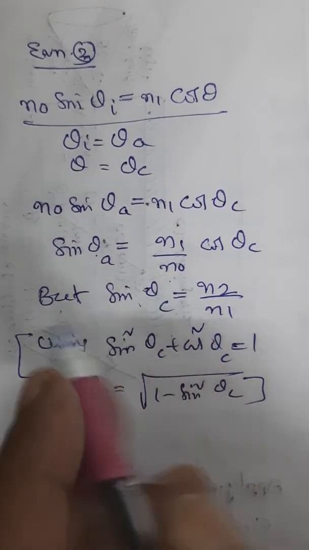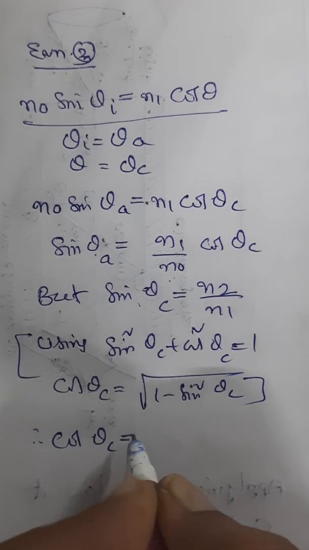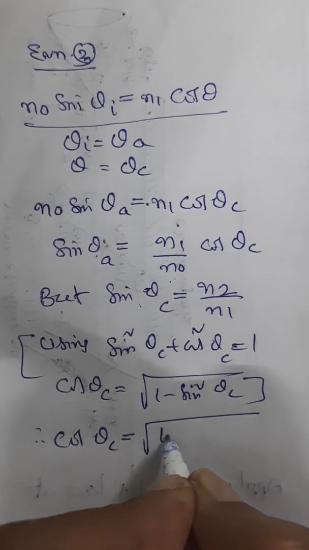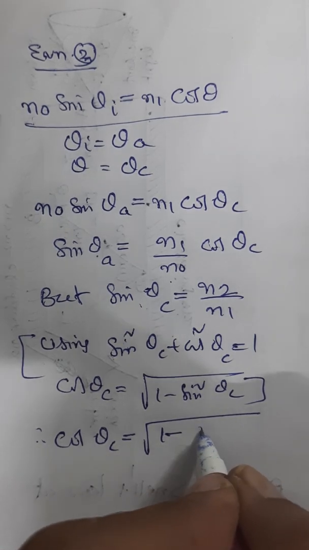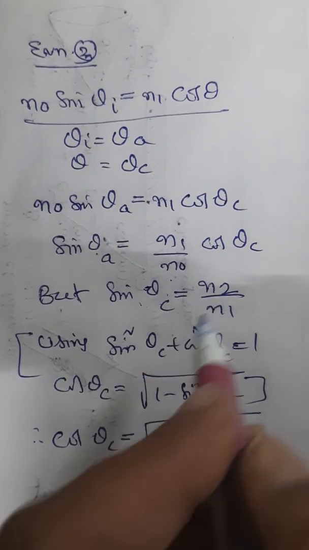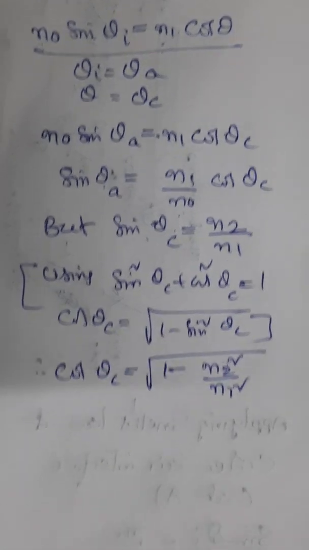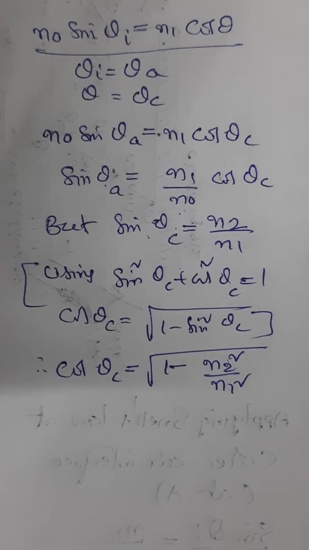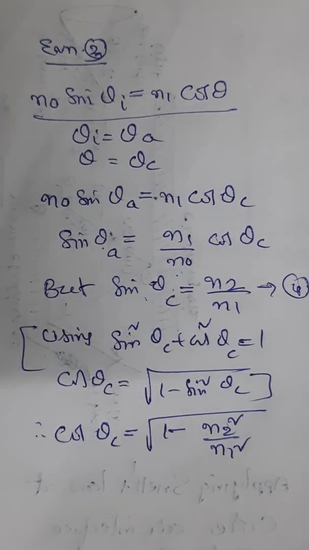So from sine theta C, we can write cos theta C as square root of 1 minus sine square theta C, where sine theta C is n2 by n1, that is n2 square by n1 square. So call this as equation 4.